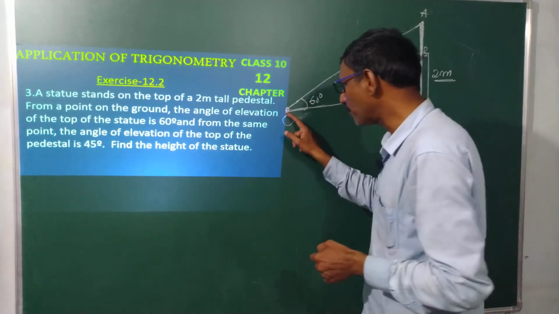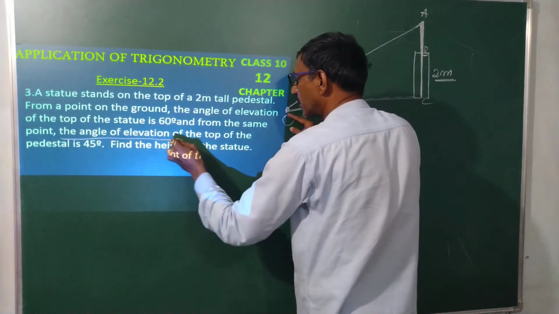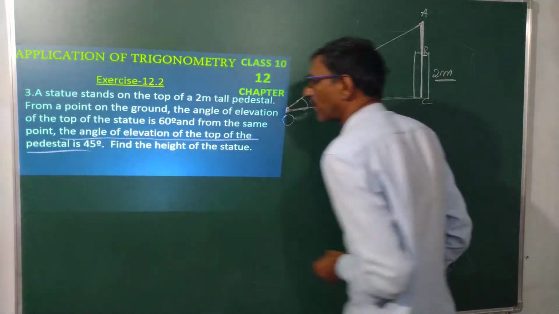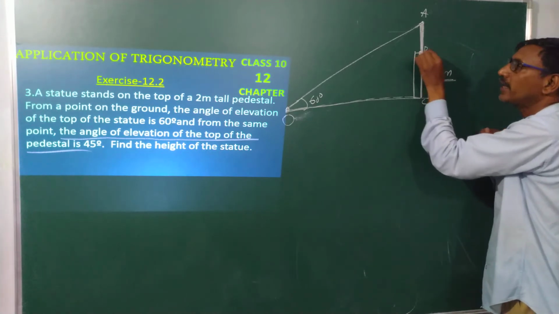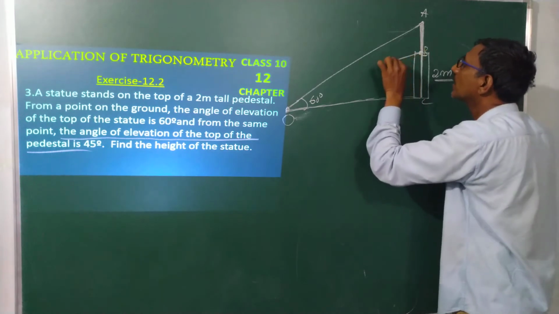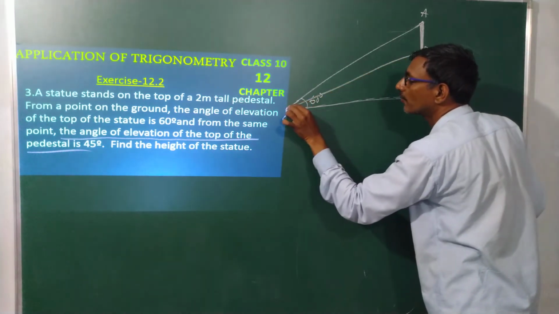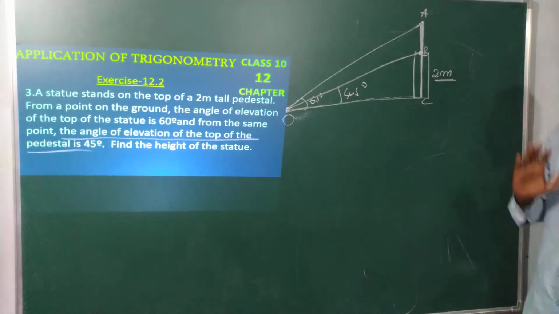And from the same point, the angle of elevation of the top of the pedestal is 45 degrees. Keep in mind, at B we have the top of the pedestal. It makes 45 degrees. This is also very important.